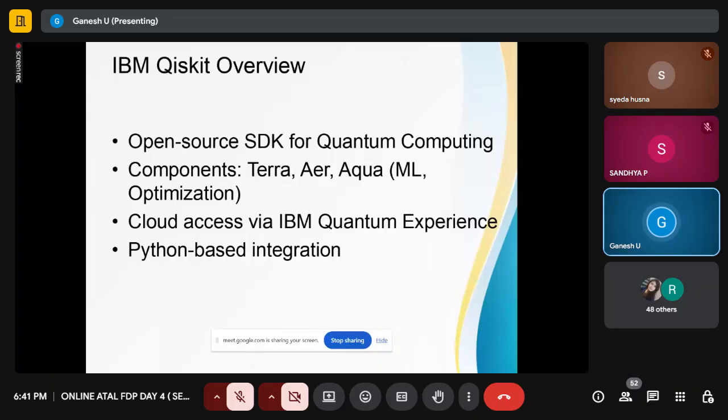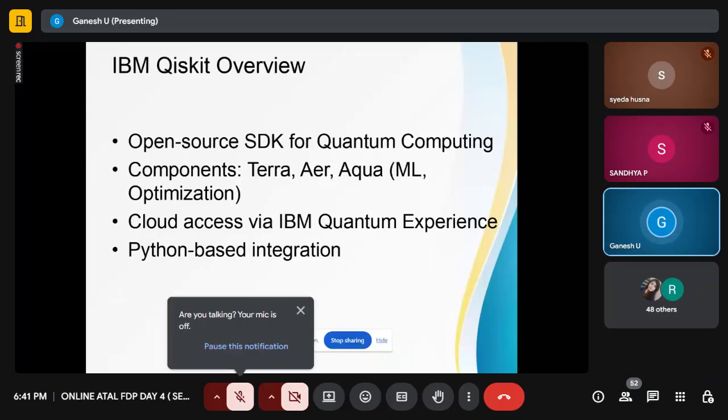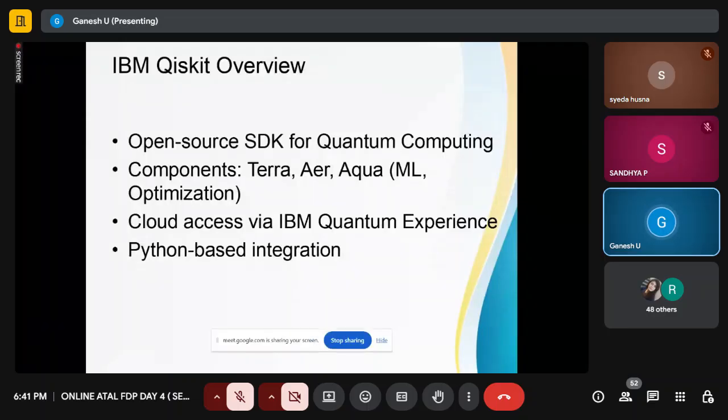Qiskit is one of the software development kits developed by IBM. It is a highly popular and performant open source SDK that uses Python to manage operators and primitives. For machine learning we prefer Python, and not only machine learning, for any complex deep learning, all techniques we use Python only.